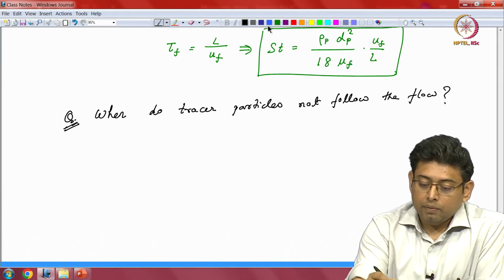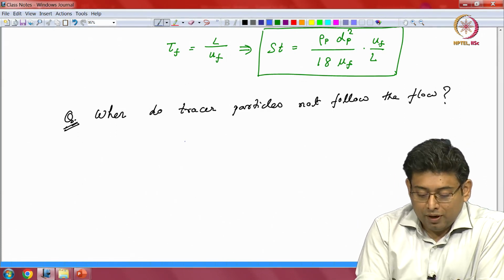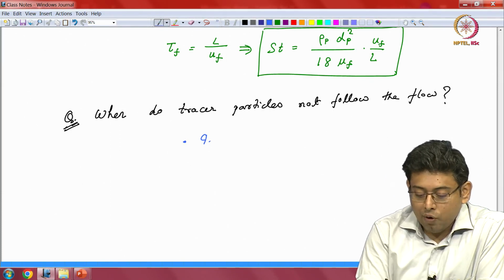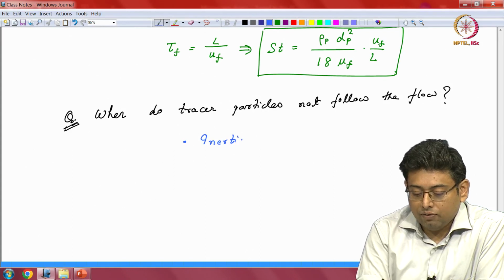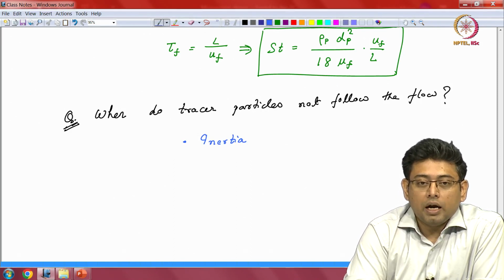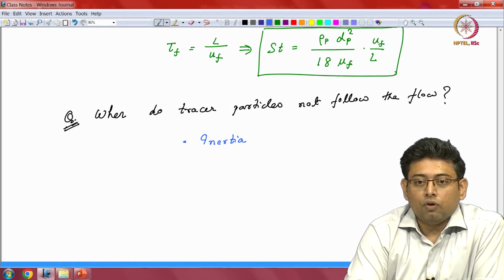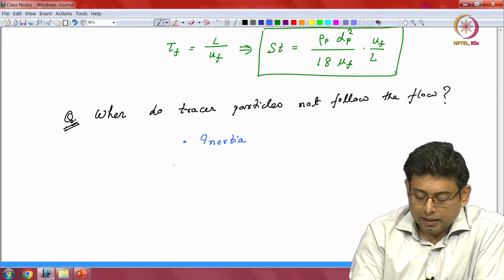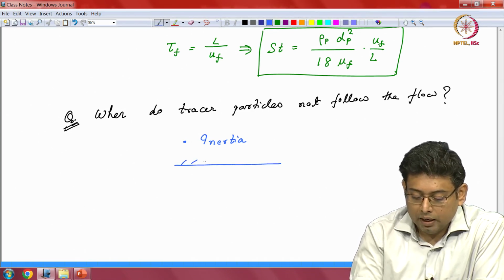Intuitively, the first would be the particle inertia. If the particle had no inertia at all associated with itself, it would always follow the flow field, irrespective of how sudden or how difficult the flow field is to follow. A good example of this can be a shock wave in a channel.